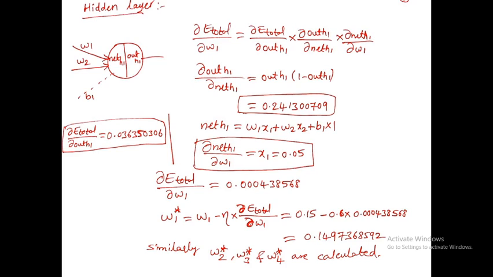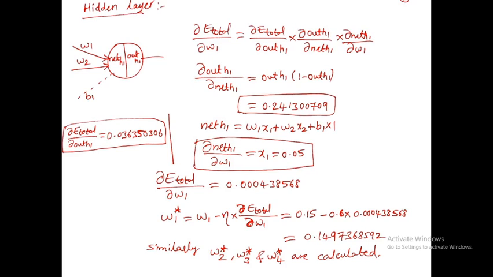So now you have all the updated weights from W1 to W8 as W1* to W8*. For these updated weights, again you will get the new error. If that new error is not within the limits prescribed by the user, then the error needs to be back propagated again.